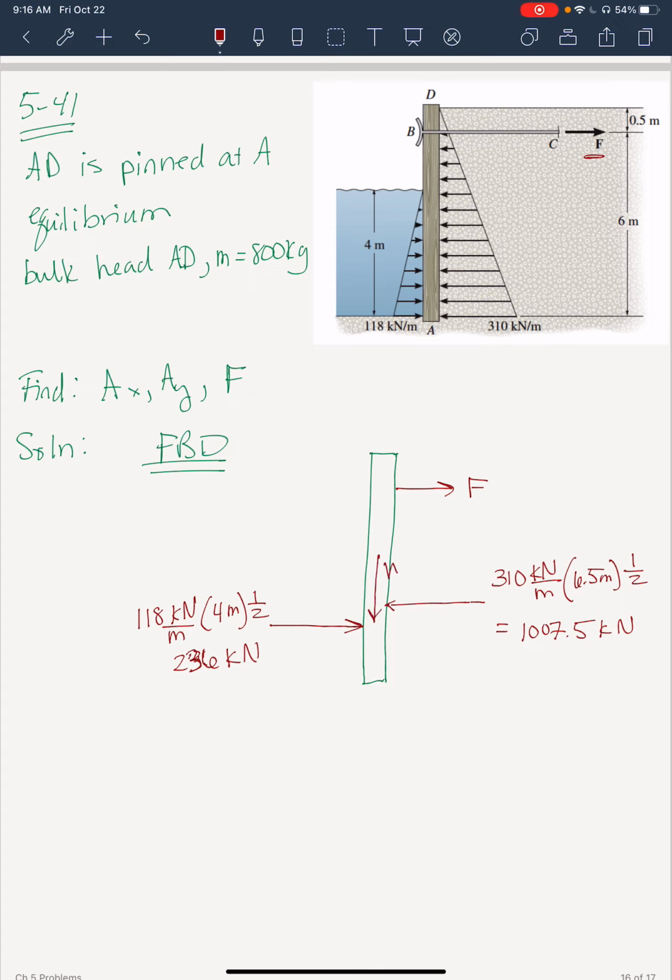That weight equals 800 kilograms times 9.81 meters per second squared, which gives us 7.848 kilonewtons. So it is a good bit less than the other forces we're dealing with.